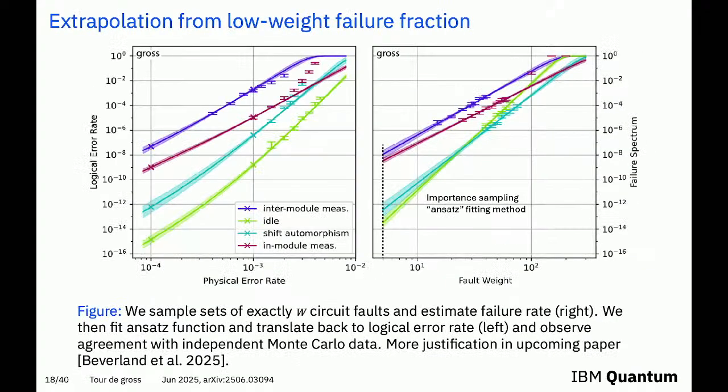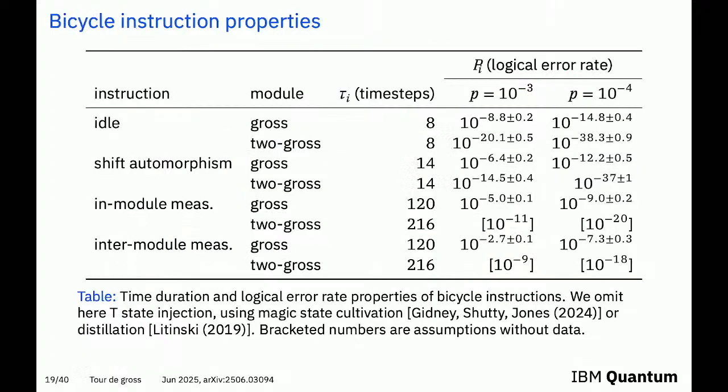So if we just look at this plot and we look at 10 to the minus 4 or 10 to the minus 3, we get the numbers in this table, which is prominently displayed at the beginning of the paper. And on the left, we list the bicycle instructions, which I introduced a few slides ago, and those are the basic building blocks that the bicycle architecture is capable of performing.